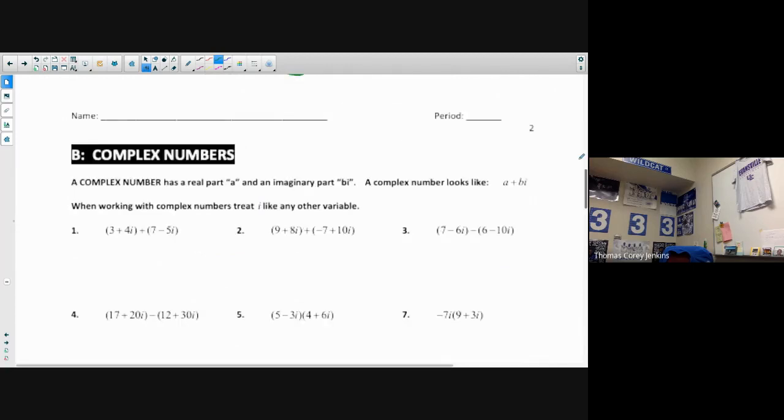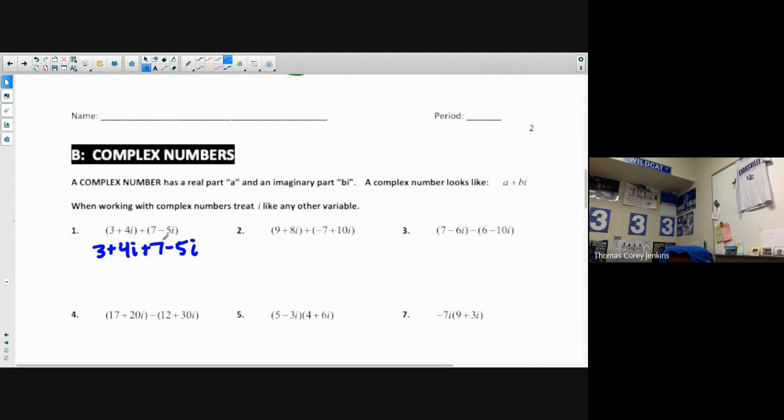All right, so finishing up with complex number operations. Going to look at adding complex numbers and then subtracting. First thing that's important on number 1 is recognize that it is an addition problem, right? So really this is the same as if it said 3 plus 4i plus 7 minus 5i. I just dropped the parentheses, right?